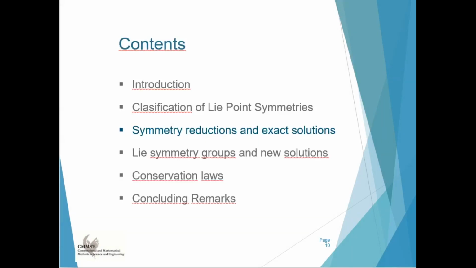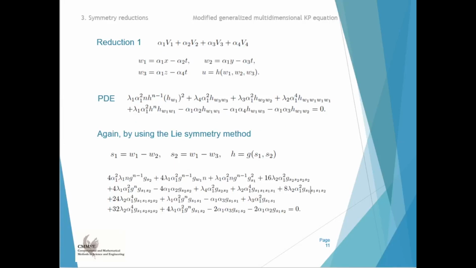Then we go to the next section, symmetry reduction and exact solutions. By using this generator, we obtain the invariants W1, W2, W3, and U, and this PDE. And again, by using the Lie symmetry method, we obtain this reduced equation with the independent variables S1 and S2.